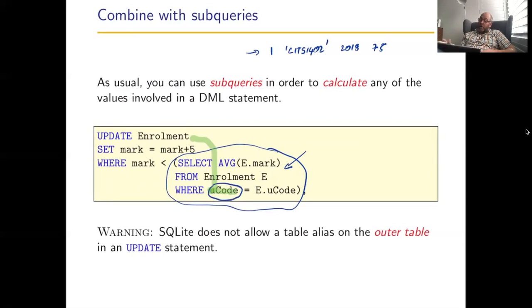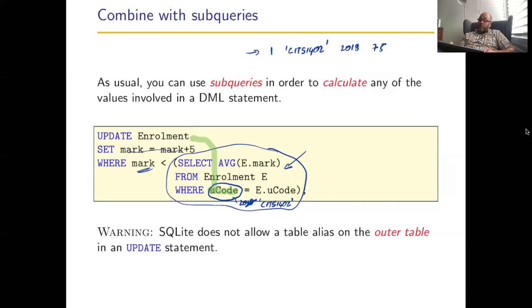So it will substitute CITS1402 for the unit code. Then it will calculate the overall average mark for CITS1402 over all of history, over all years. And if Amy's mark is less than that average, then it will be increased by 5.